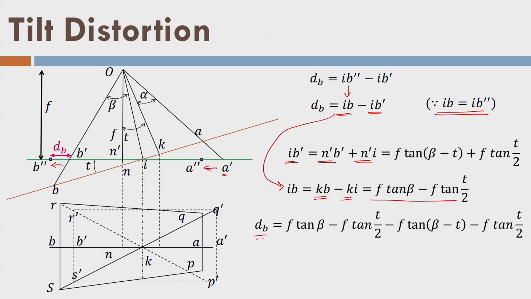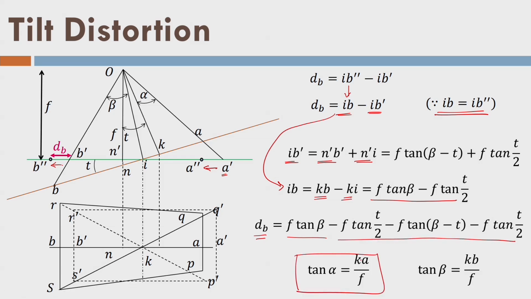I can write dB is equal to F tangent beta minus this distance, where tangent alpha is Ka by F. Similarly, tangent beta is Kb divided by F. So, Kb, this distance, divided by F. This is the F distance here, focal length.